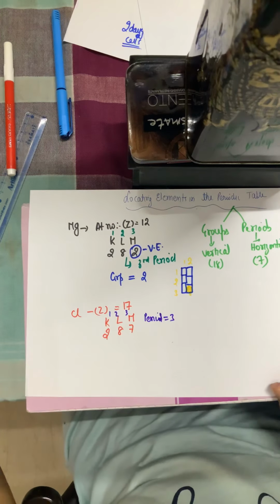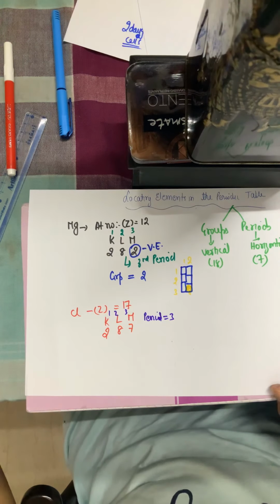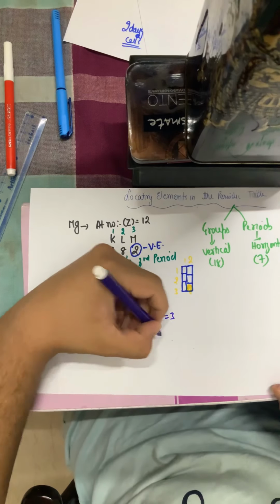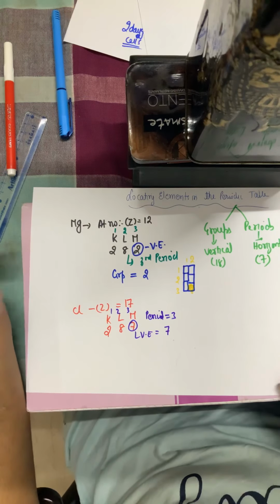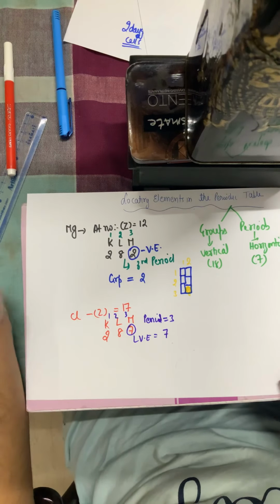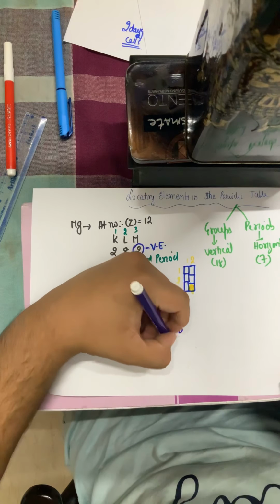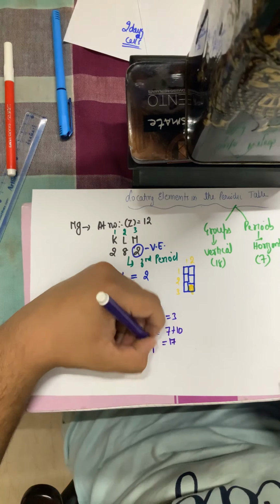For group number, I will see the valence electron. Last shell. In the last shell, these are the valence electrons. How many are there? 7. For 1 and 2, we directly write the group number as 1 and 2. From 3 to 8, we add 10. 7 is from 3 to 8. So I add 10, which becomes 17 as the group number.